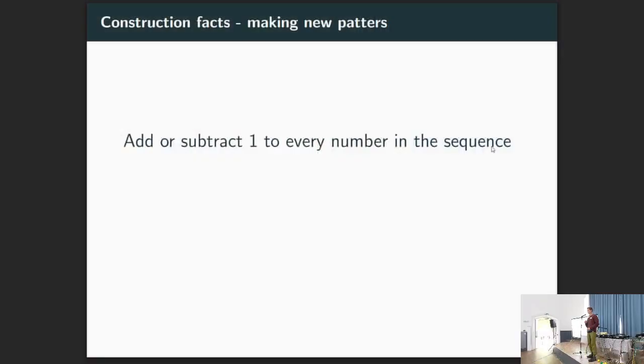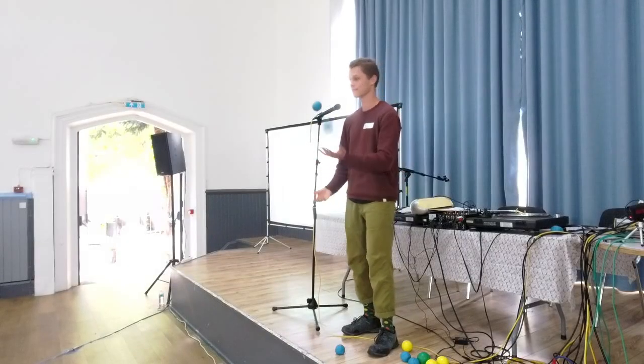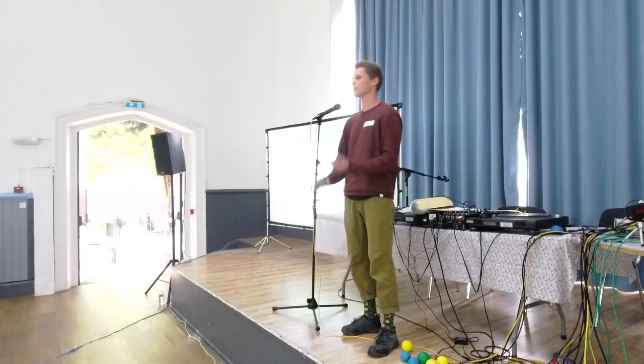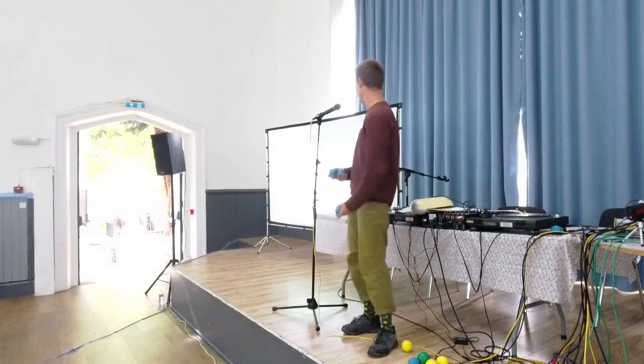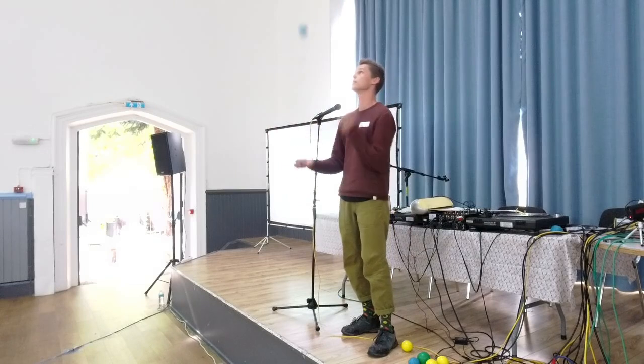Another similar thing you can do is forget about the period, just add 1 to every number, or subtract 1. We start out with 3, 3, 0. We'll add 1 to each number, and we get our good old 4, 4, 1. And then we keep going. We can go to 5, 5, 2, where now I'm holding the 2s, just because I'm lazy.